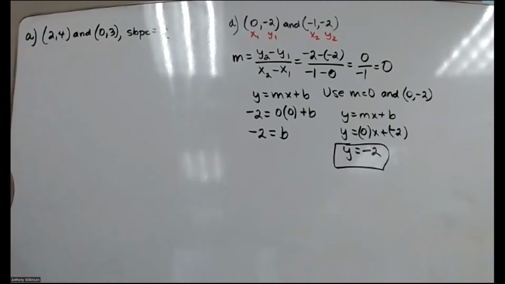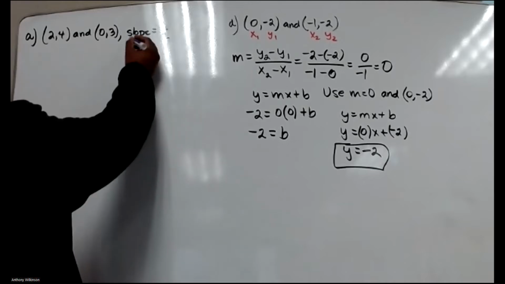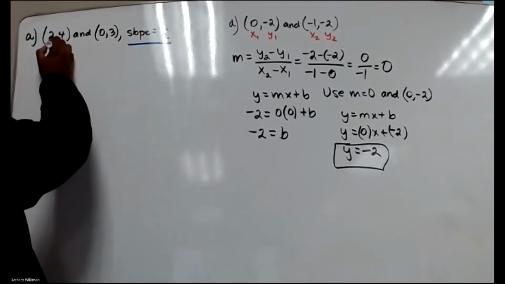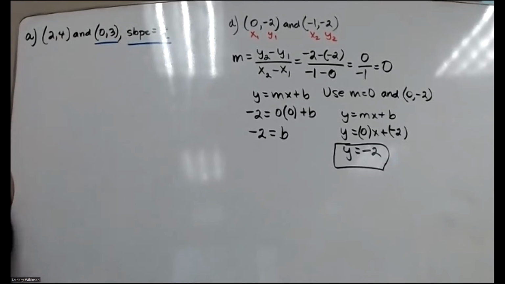All right, so now let's simplify that. Now you can use either the first ordered pair or the second ordered pair along with the slope of 1/2. I'll use that second ordered pair 0, 3.